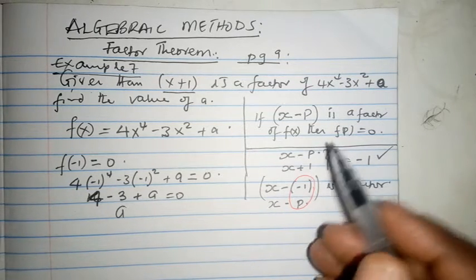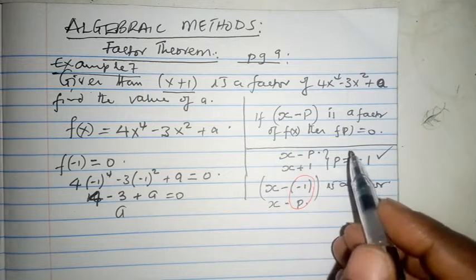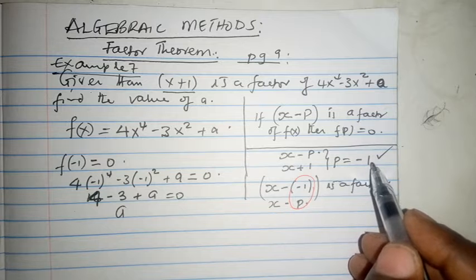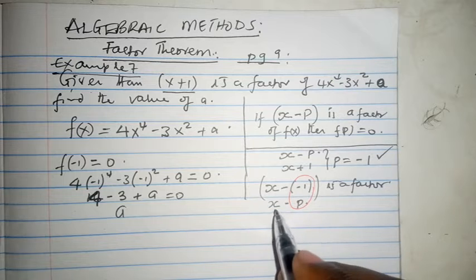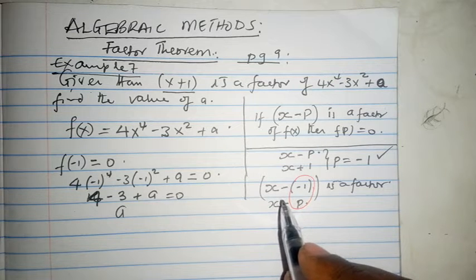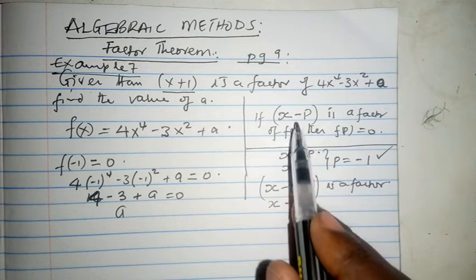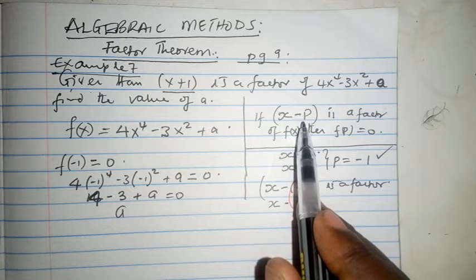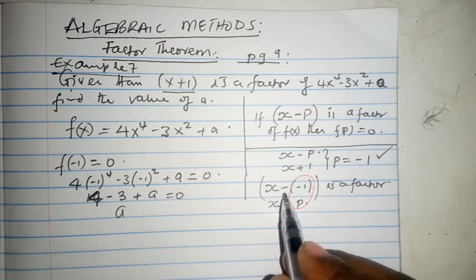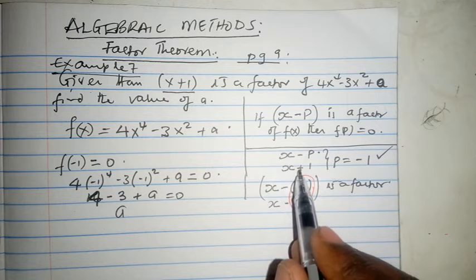So we are going to compare x minus p with x plus 1, and we realize that our p is going to be negative 1. Let us come closer to home, because x minus p compares very well with x minus negative 1, such that we have minus minus, so that we can write it in the general format of a divisor or of a factor. So x minus minus 1 takes us back to x plus 1.